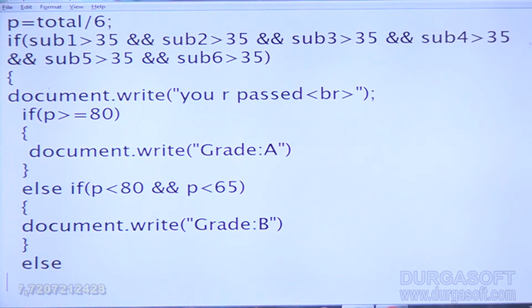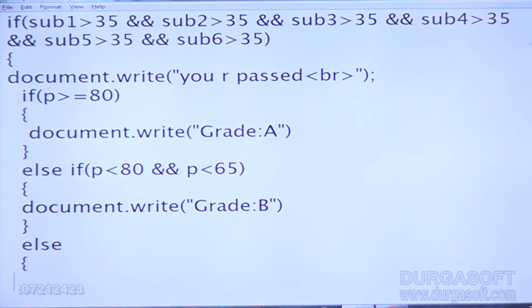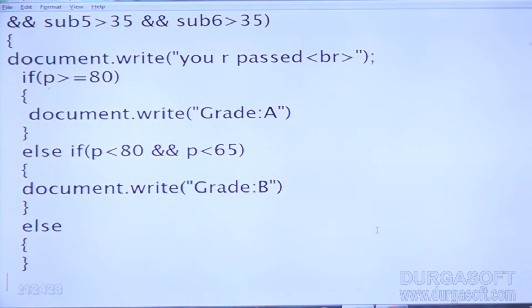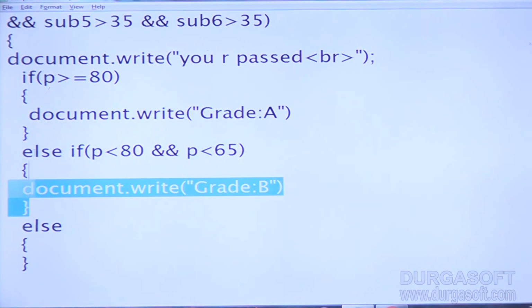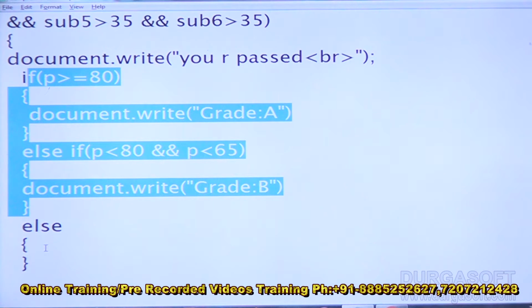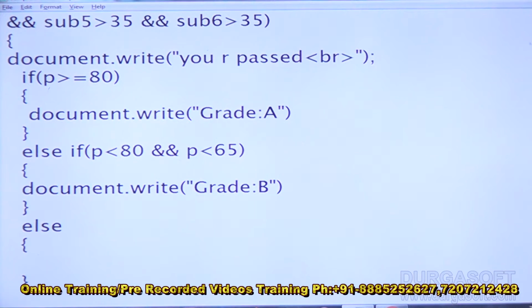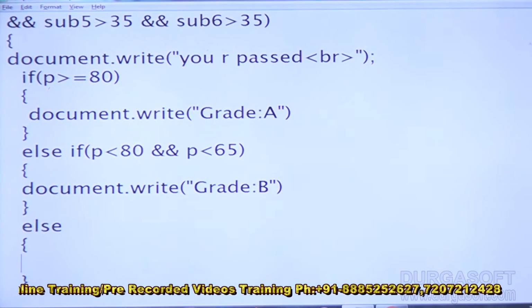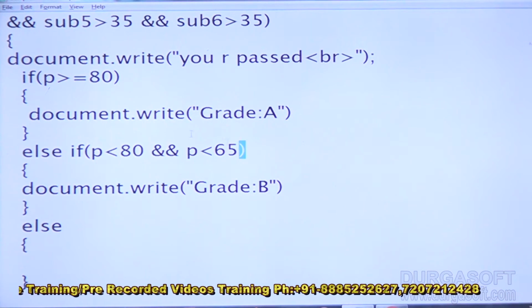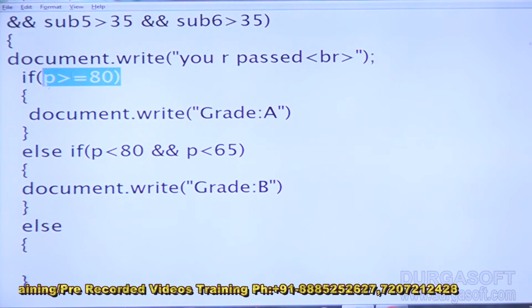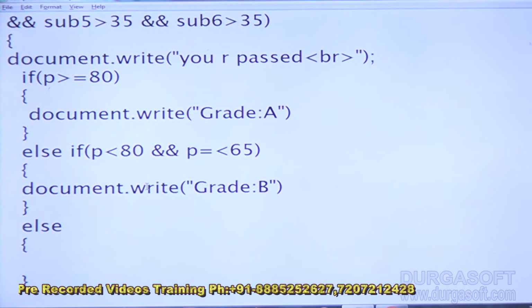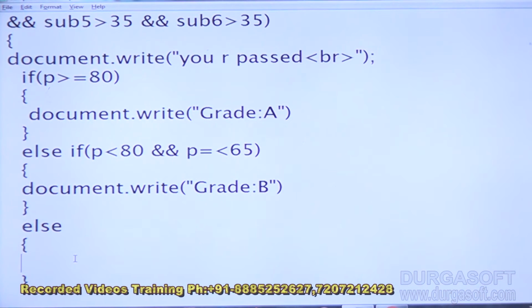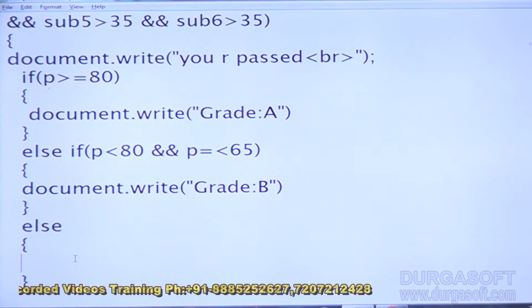Else, I am writing for the else condition for this if part. If all conditions are false, if these two conditions are false, then it is going to print the statements that are in the else part.